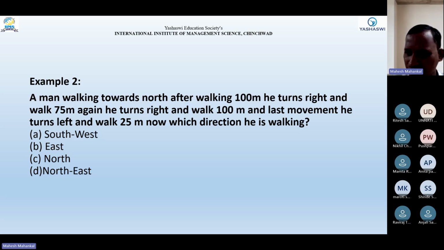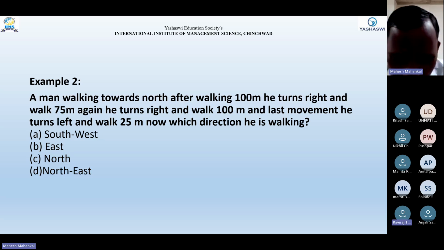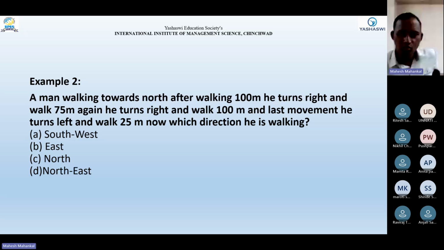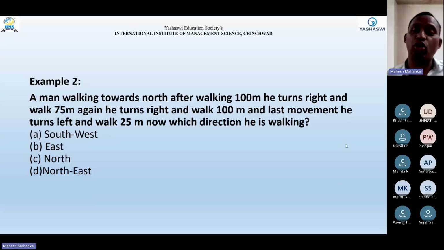Yes, students, you understood the statement. Take a pen and paper, try to solve, and give me the correct answer. Southwest, East.